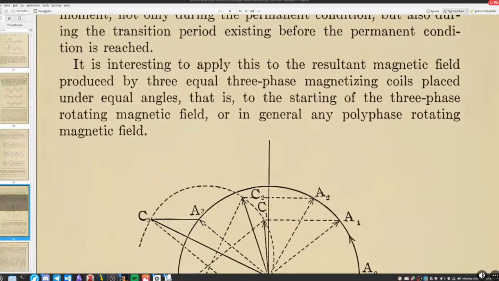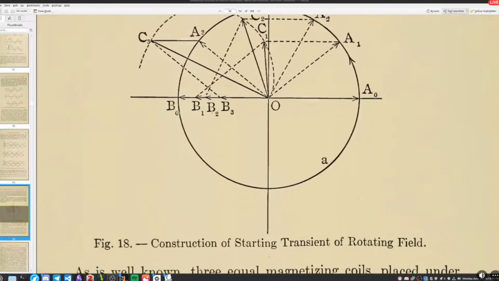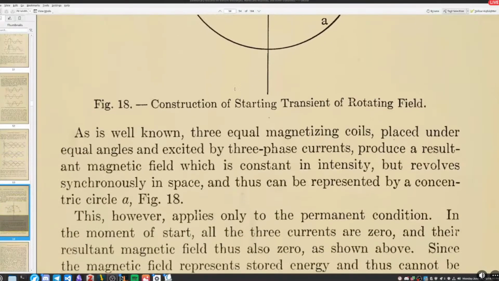It is interesting to apply this to the resultant magnetic field produced by the three equal phase magnetizing coils placed under equal angles. That is, to the starting of the three-phase rotating magnetic field, or in general, a polyphase rotating magnetic field. So we've got our diagram here in Figure 18.